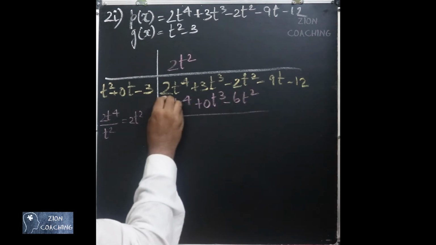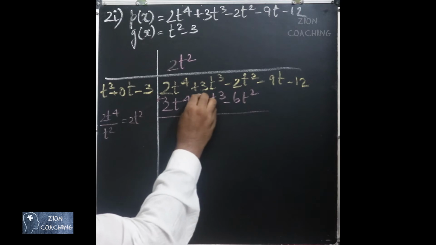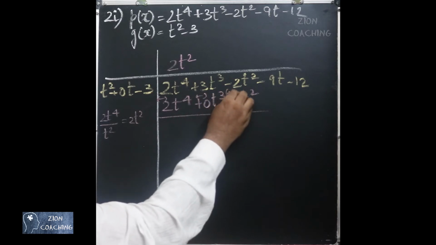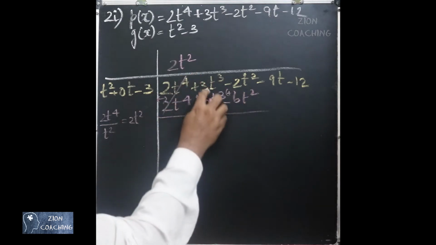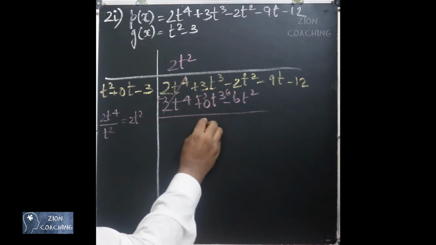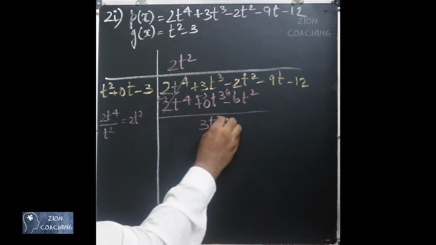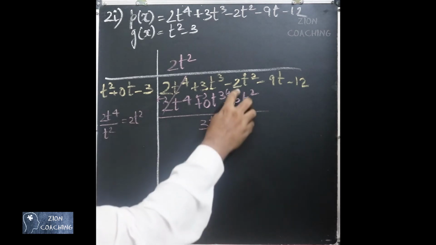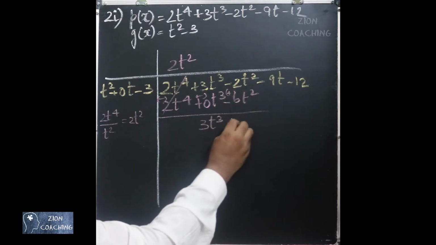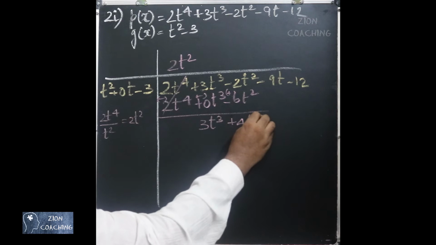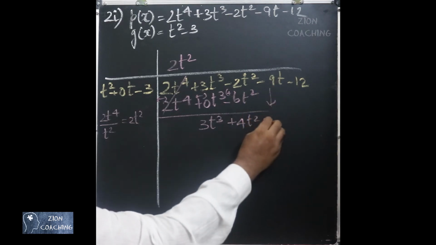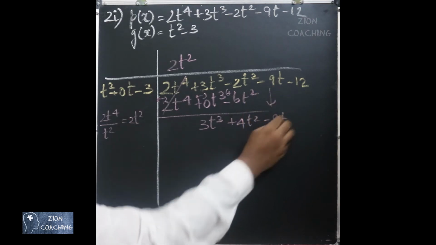Now we are going to subtract, so we have to change the symbol. This will get cancelled. 3t cube minus 0t cube is going to be 3t cube. Then minus 2 plus 6 is going to be 4t squared. Then you bring down the next term, that is minus 9t.